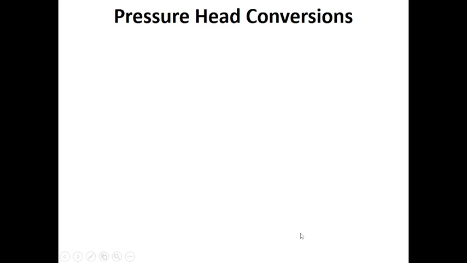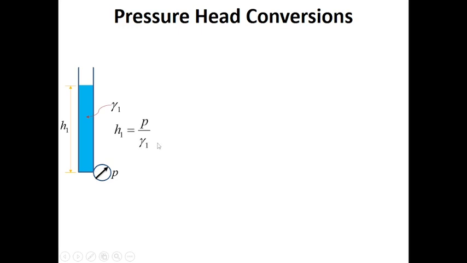So we have here pressure head conversions. For example, if we have this column of liquid, we have the specific weight of this liquid and the pressure at the bottom. So this is the formula for the pressure head, P over gamma sub 1. The pressure at the interface of liquid 1 to air is 0 gauge pressure.